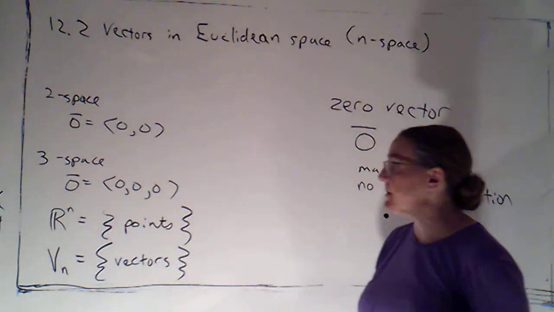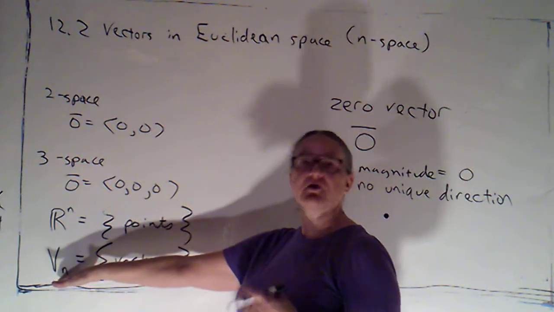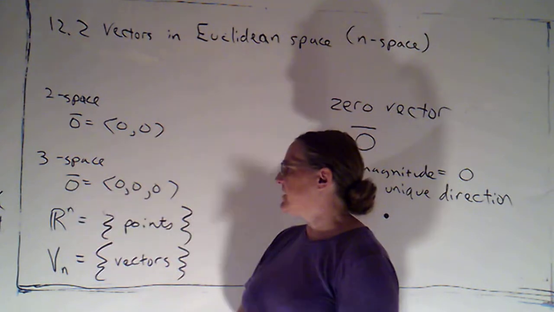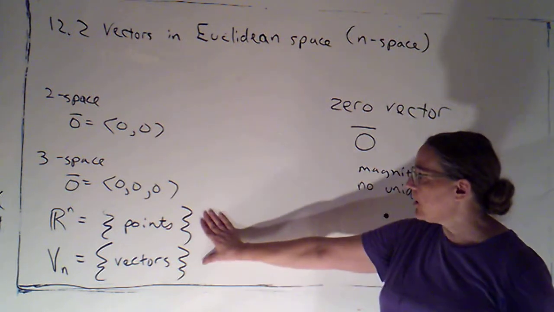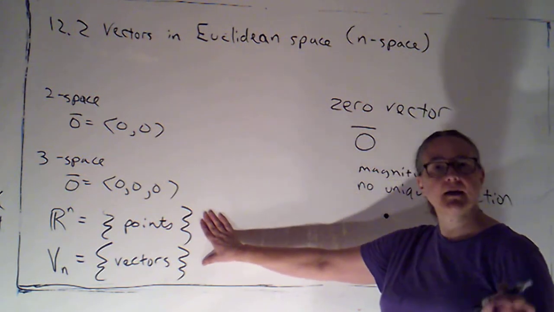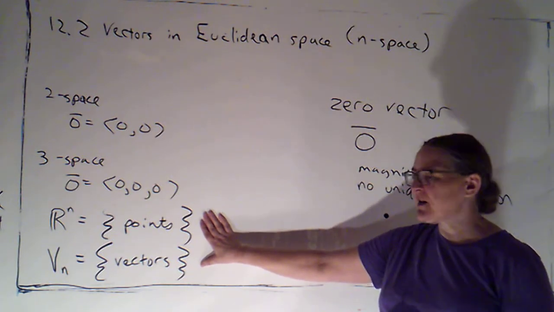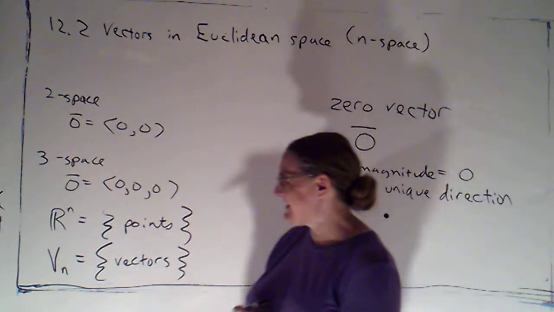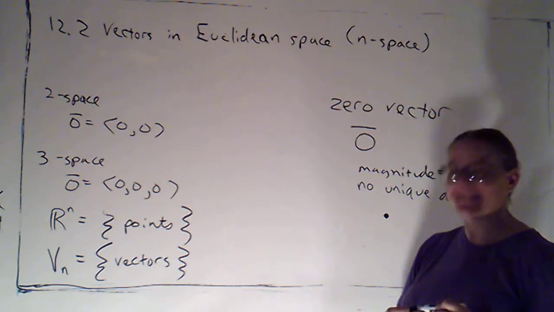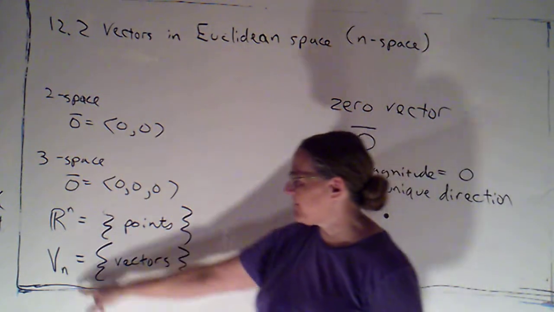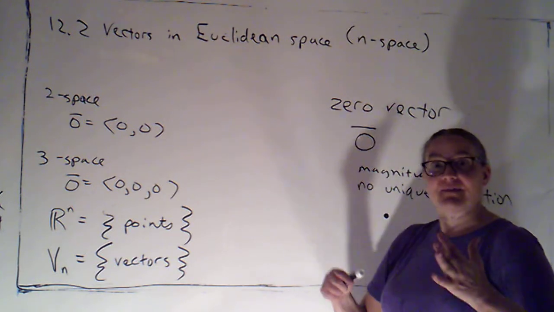Our textbook is going to talk about vectors being in Vn. So when they say we're in Vn, you know we're talking about vectors. When they talk about being in Rn, they're talking about points. So that's just a notational thing that our textbook is going to use. It's not entirely standard. A lot of textbooks do that, a lot don't. You may catch me sometimes because the textbook we used to use didn't make this distinction. I might sometimes talk about a vector being in Rn, but I will try to respect the notational convention of our textbook and talk about vectors as being elements of Vn. Okay, that's our start to vectors.